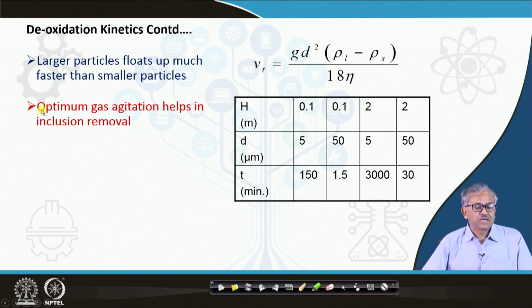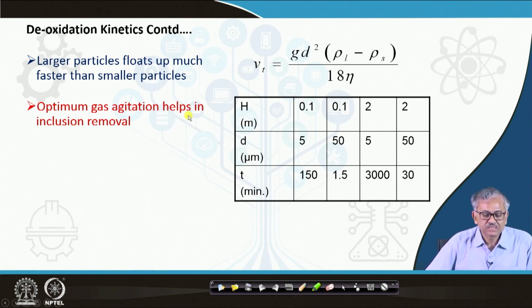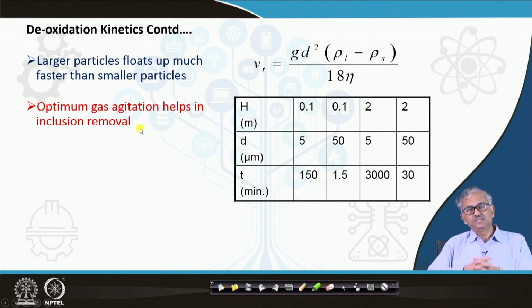Another thing is that optimum gas stirring also helps in the inclusion removal. How is it done? With gas stirring, obviously the inclusion will move along with the gas. In most cases the inclusions will be entrained. They may not have a relative velocity with respect to the liquid unless they become very big.